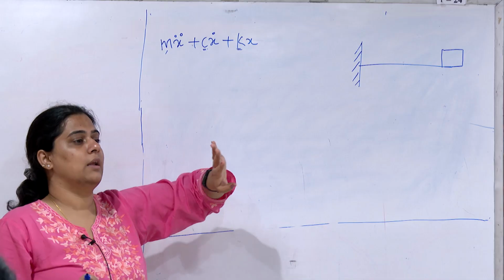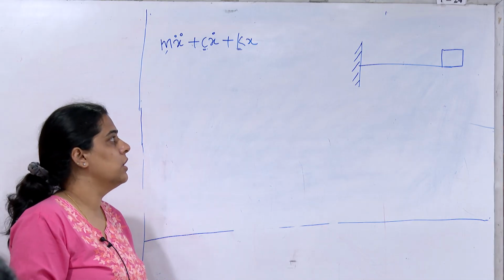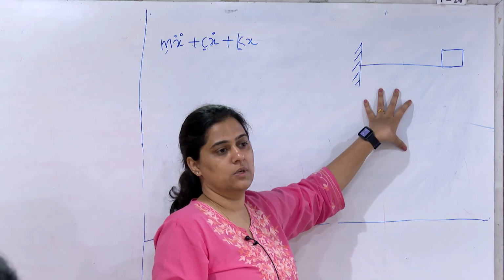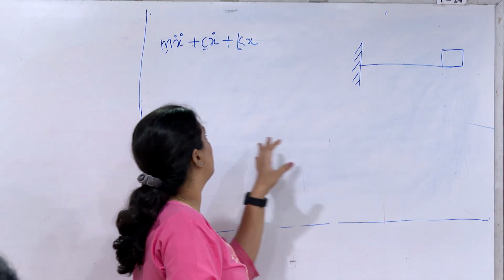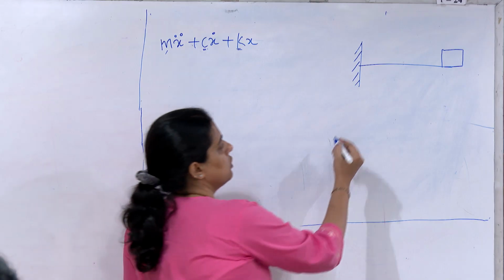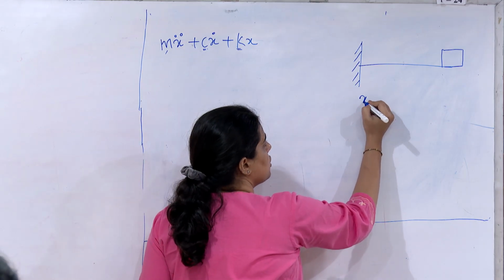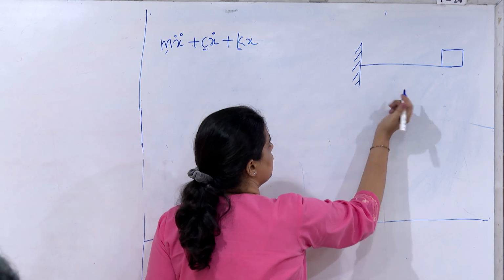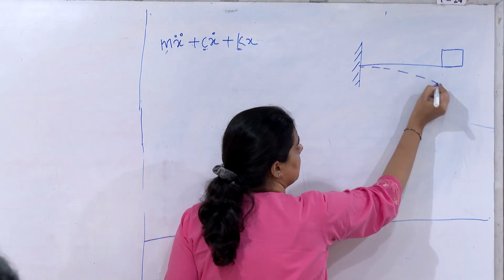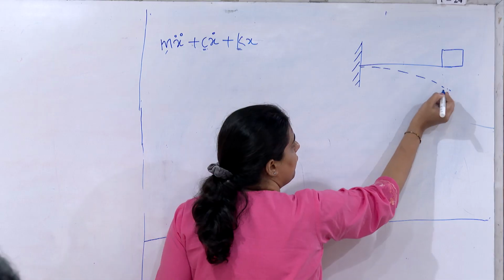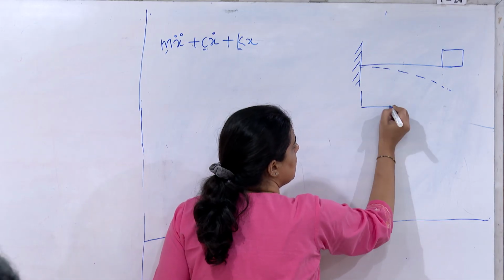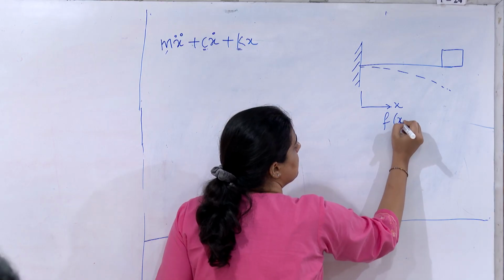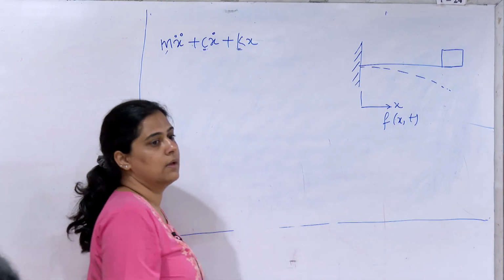There are very different ways through which you can do it. Basically your cantilever beam is a continuous system. So your displacement, say this is the x direction, will be a function of both space and time, right?